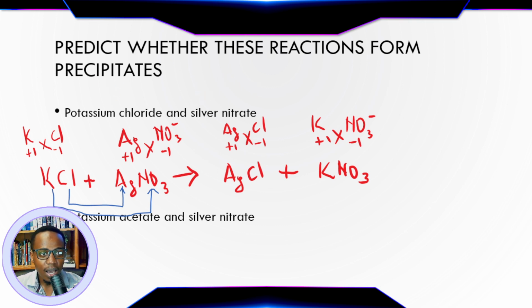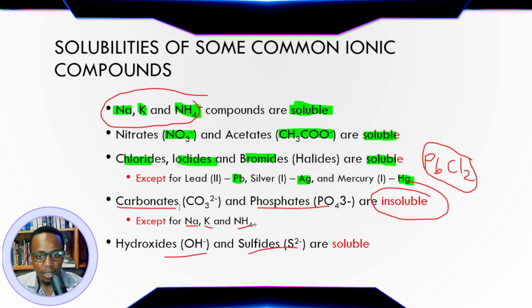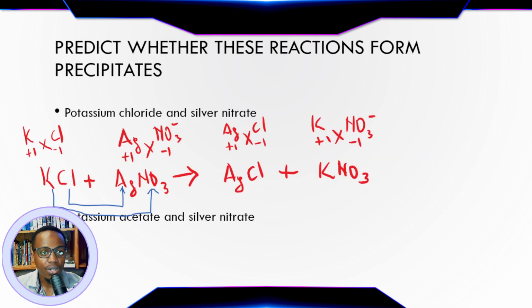Well, we learned about the rules, and we learned that halogens, right, chlorides, iodides, and bromides that have silver in them are going to be insoluble. So this will form a precipitate, right?